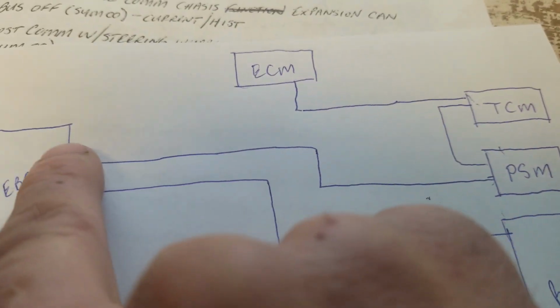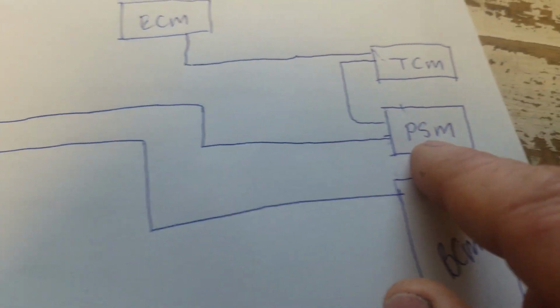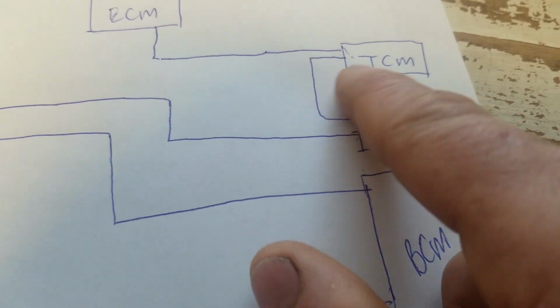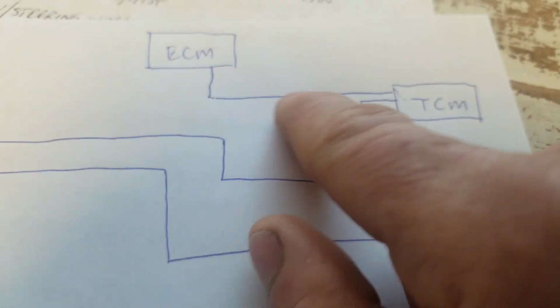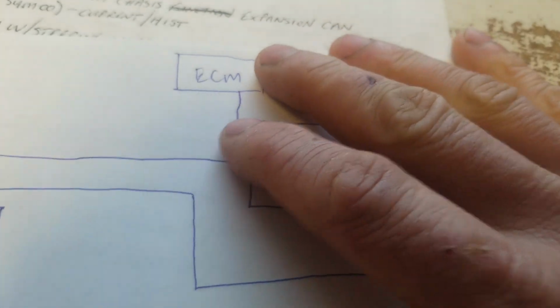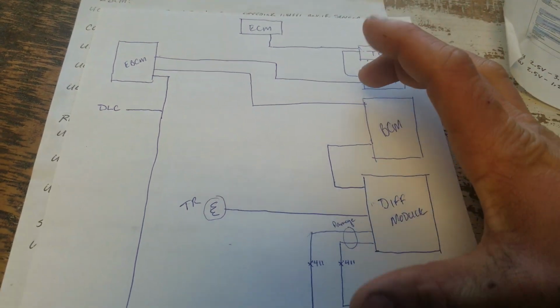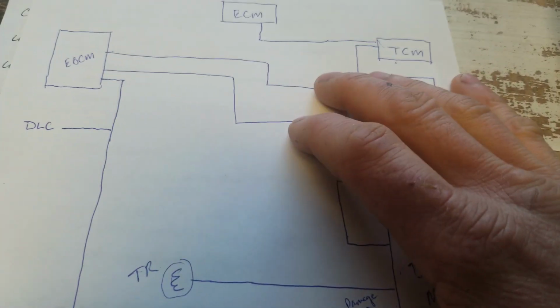The power steering module talks with the transmission control module, and the transmission control module talks with the ECM, or the engine computer. So this is a simple, drawn-out highway of how all the communication takes place.